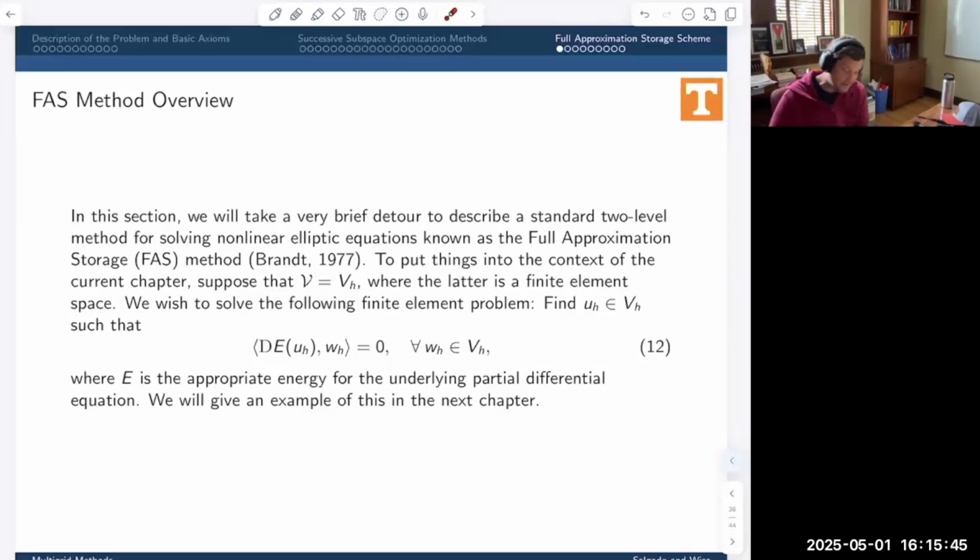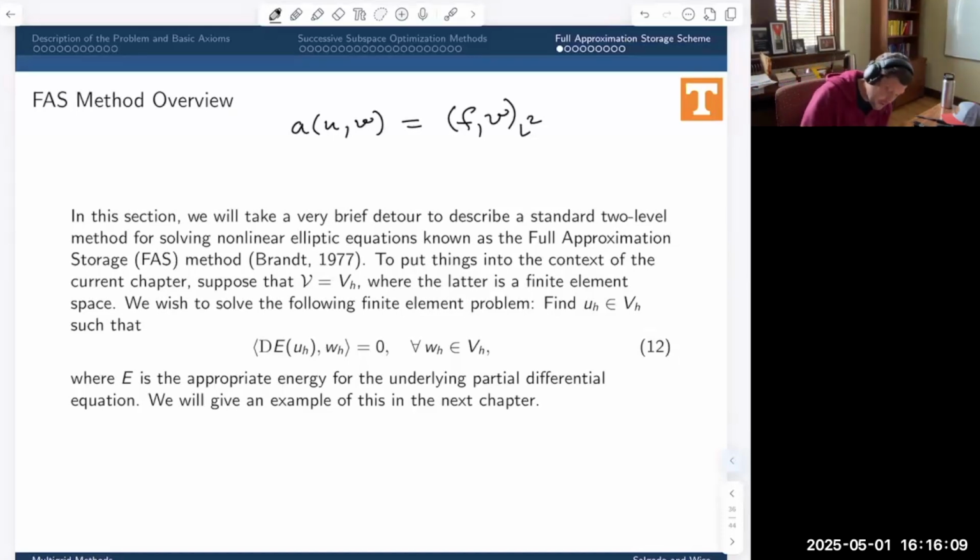And so remember what the finite element method was. We had this weak formulation, right? And the idea there was, we're going to replace the solution space and we replace the test space with a finite element space.